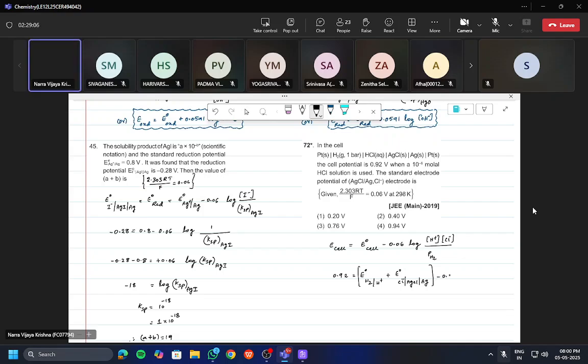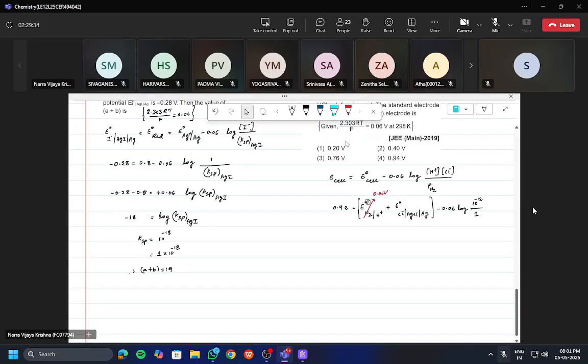Minus 0.06 log. What is the H plus value? The given HCl concentration is 10 power minus 6. HCl is a strong electrolyte, so 10 power minus 6 means H plus is 10 power minus 6, and Cl minus also. So 10 power minus 6 into 10 power minus 6 by pressure of H2. Correct? What is E naught of hydrogen?